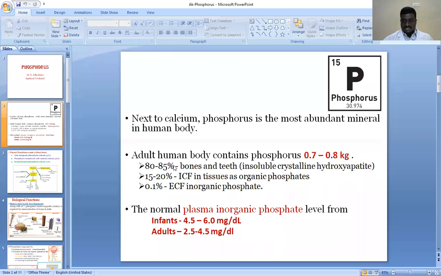The remaining 15 to 20% is present in the intracellular fluid in tissues as organic phosphate. Here you can remember that intracellular phosphate is organic phosphate. Only 0.1% is present in the extracellular fluid.